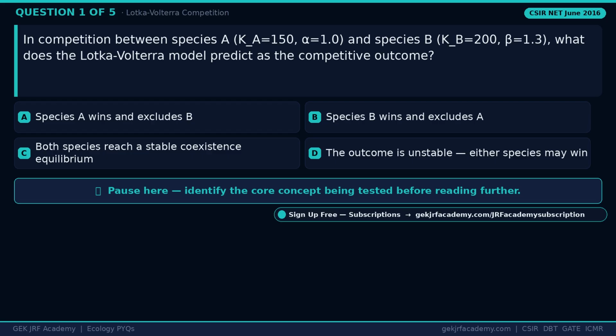2 species, A and B, are competing. Species A has a carrying capacity of 150, and species B has a carrying capacity of 200.